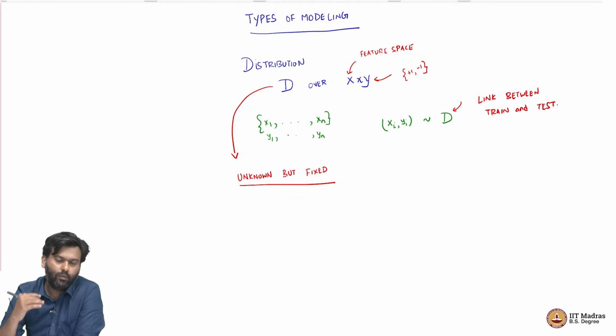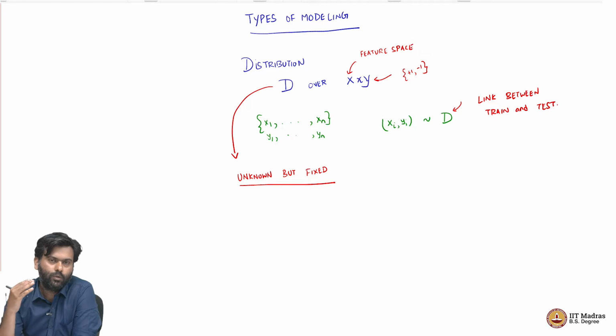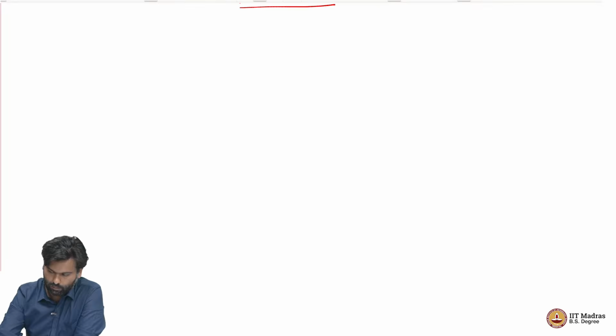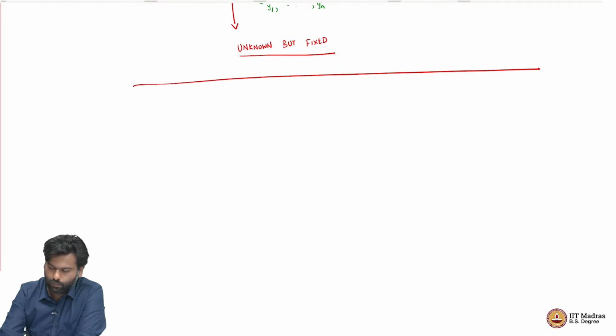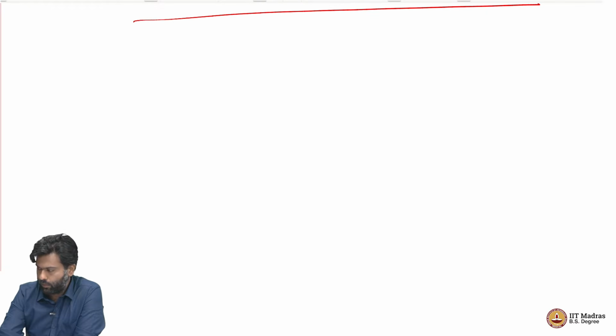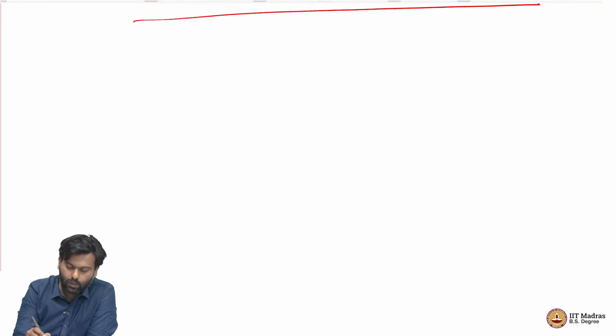That is where there are two major schools of thought which lead us to two different types of modeling itself. So, what are these two types of modeling? Let us see that now. We are still in the classification setup.